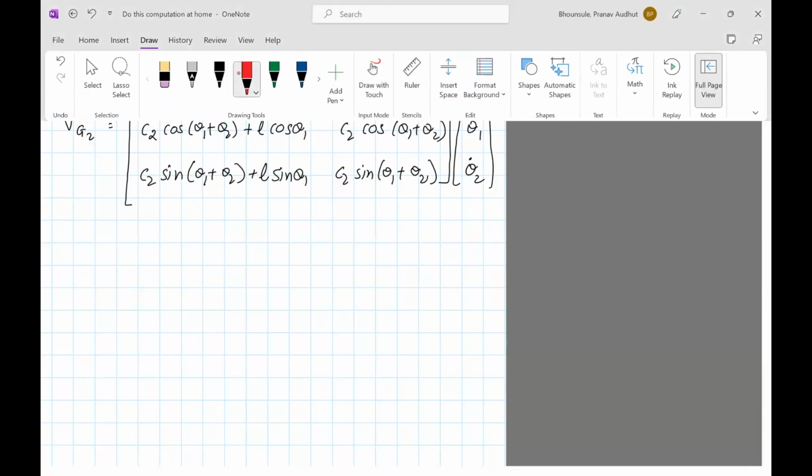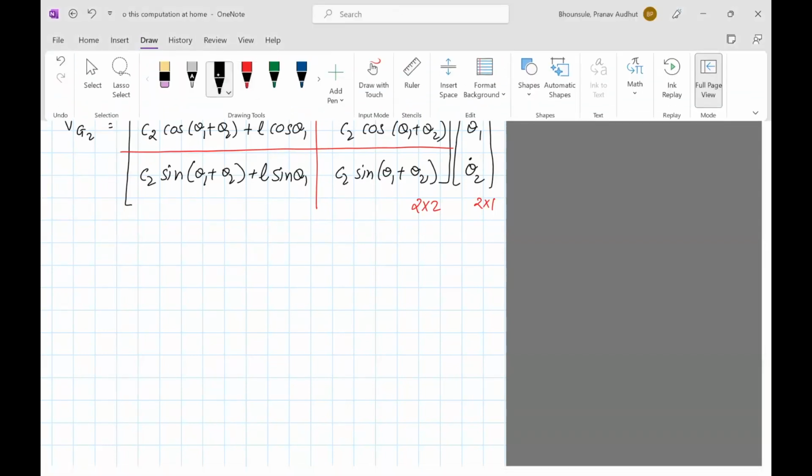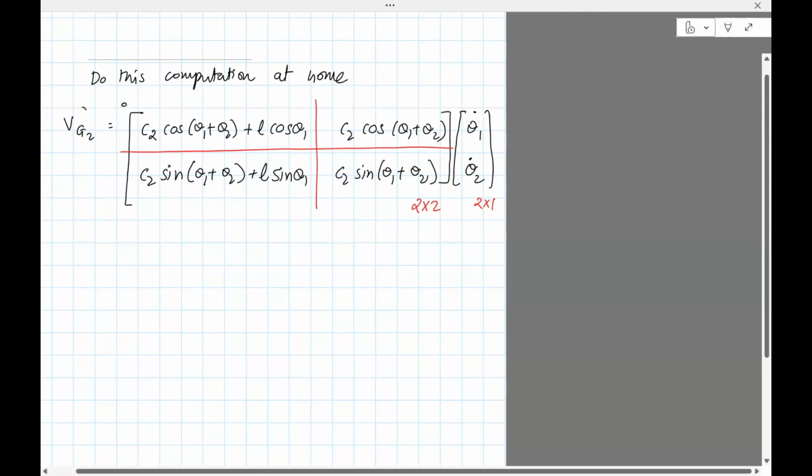This is a 2 cross 2 matrix and this is 2 cross 1. When you multiply them together, you get 2 cross 1, which is what the velocity of G2 will be. This is in frame 0.